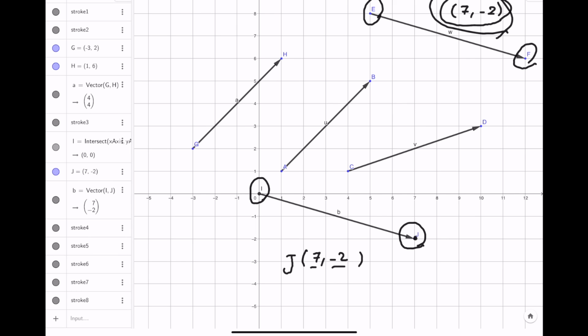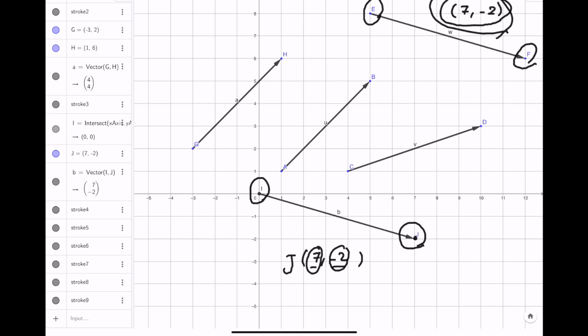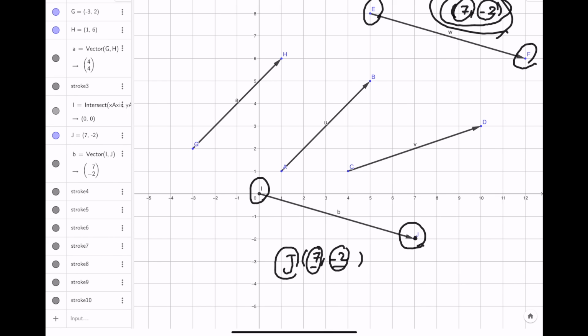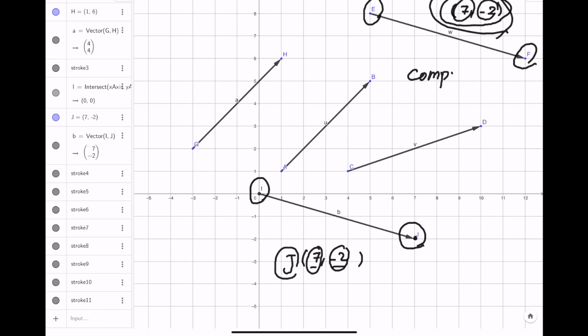If I consider there are two different names, 7 and minus 2 are called the coordinates of j. But here, if I am referring to a vector, 7 and minus 2 are not called the coordinates, they are called the components of the vector EF.